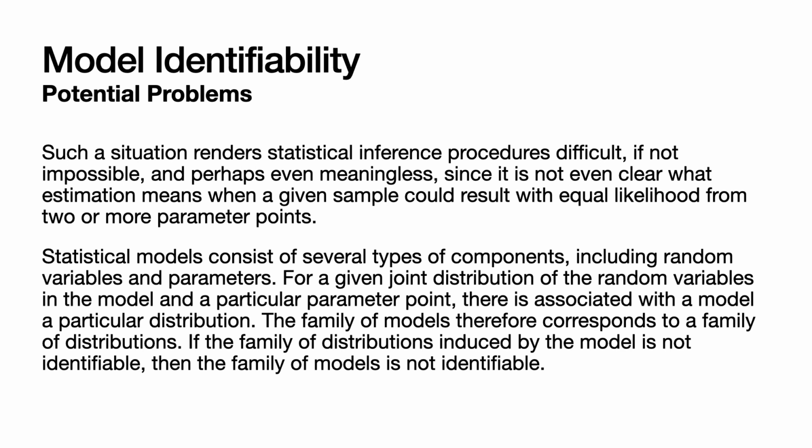Statistical models consist of several types of components, including random variables and parameters. For a given joint distribution of the random variables in the model and a particular parameter point, there is associated with a model a particular distribution. The family of models therefore corresponds to a family of distributions. If the family of distributions induced by the model is not identifiable, then the family of models is not identifiable.